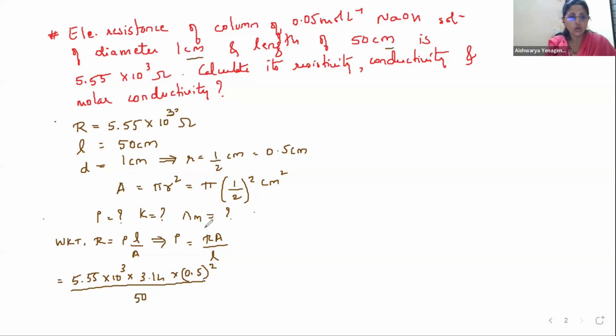When you solve it out, the value of rho comes out to be 87.135 ohm centimeter. Yes, the unit of resistivity is ohm centimeter. We usually write ohm meter, but here, since all the terms are in centimeter, this is my first answer.